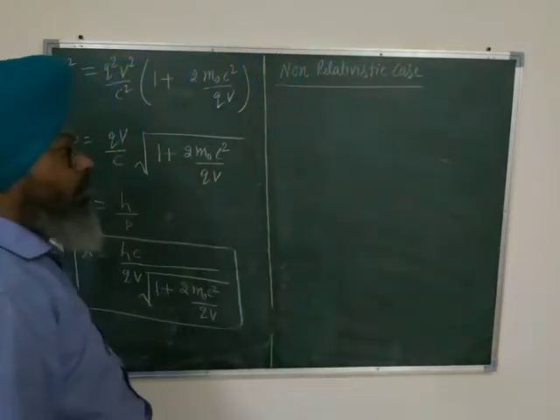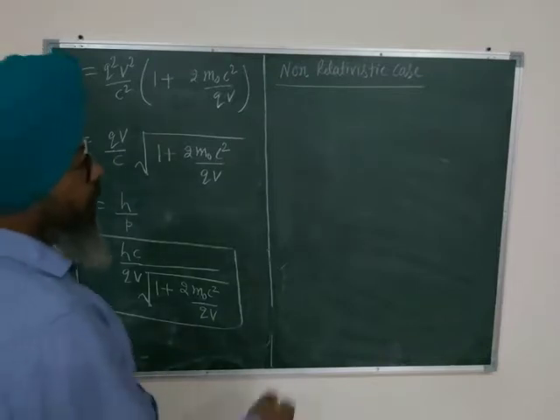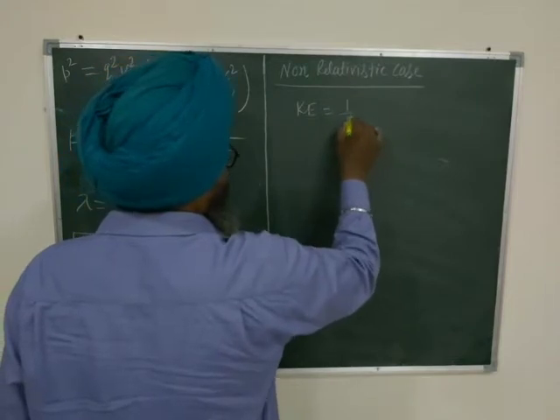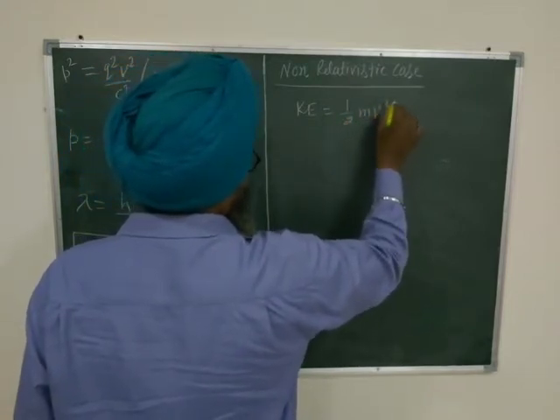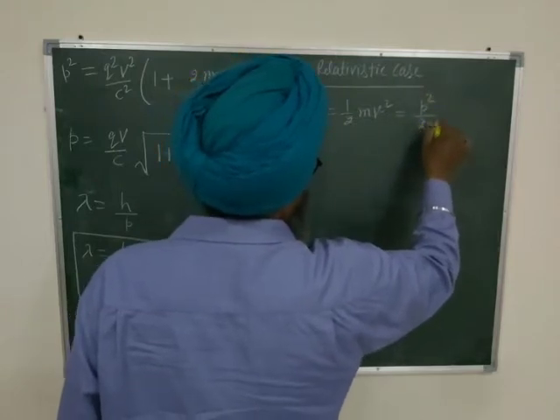Non-relativistic case. Now in this case, the formula for kinetic energy can be written as half mv square, which can also be written as p square by 2m.